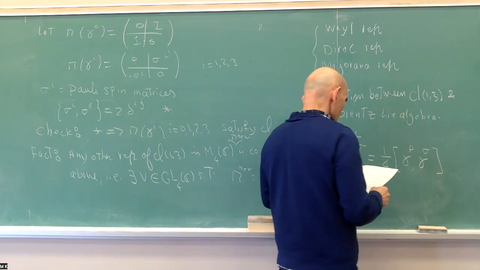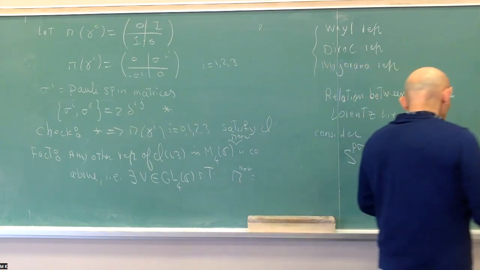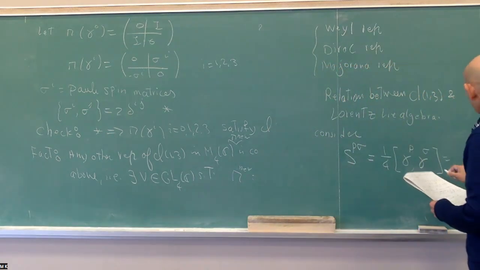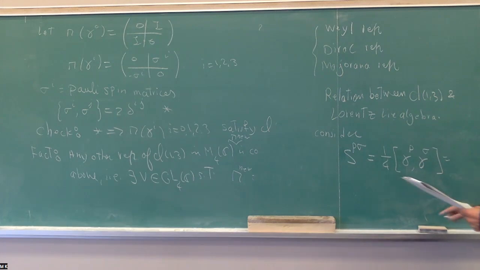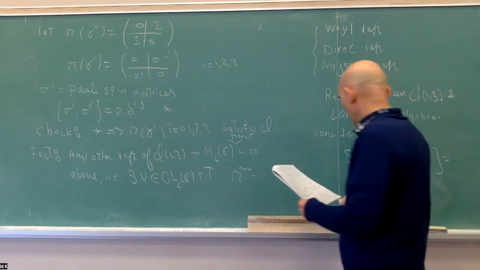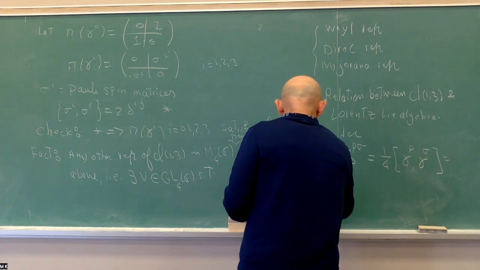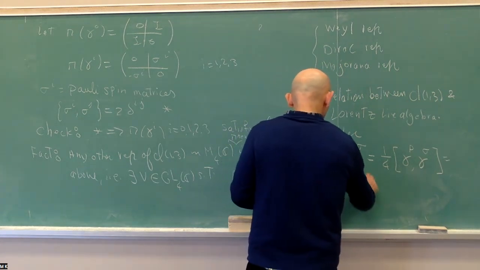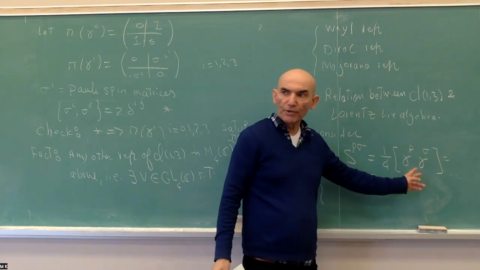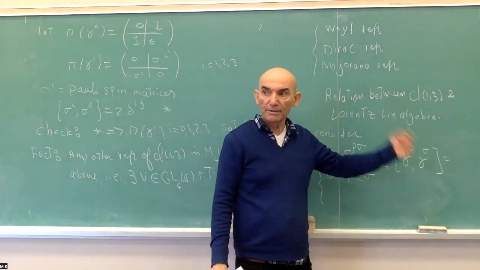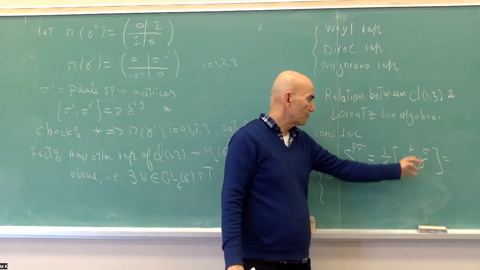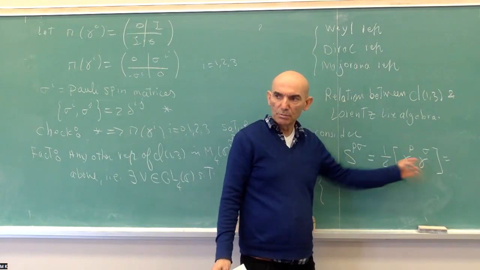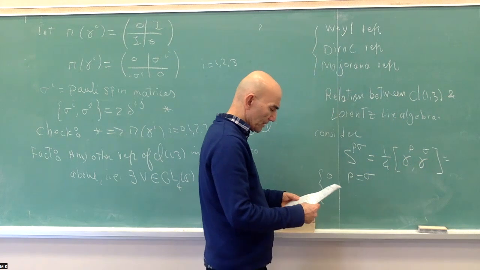Now this is equal to, check, of course, 0 if rho is equal to sigma. You see, this is the commutator. The other one was the anti-commutator. So if rho and sigma are the same, they cancel. So this is 0, that's obvious.